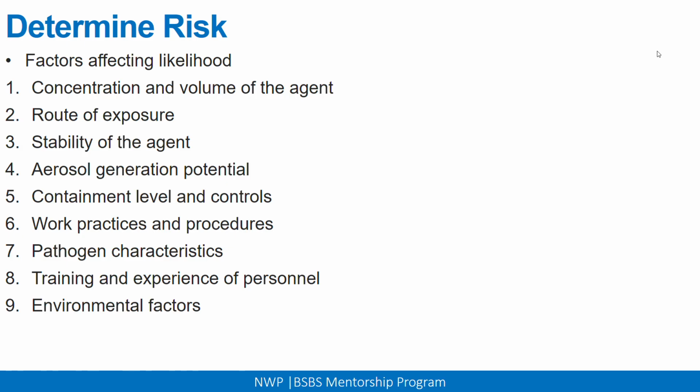Environmental factors. This one is mostly similar to the stability in the environment. There are certain factors that will contribute to this agent becoming more infectious, or the more you get exposed to it through different types of environments, you can increase the chances.